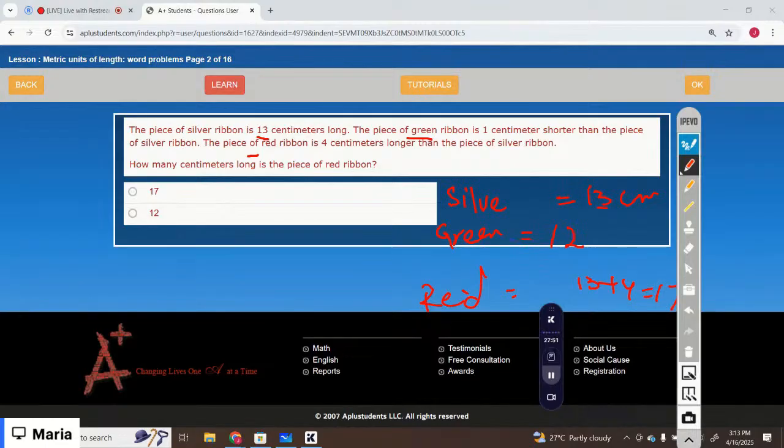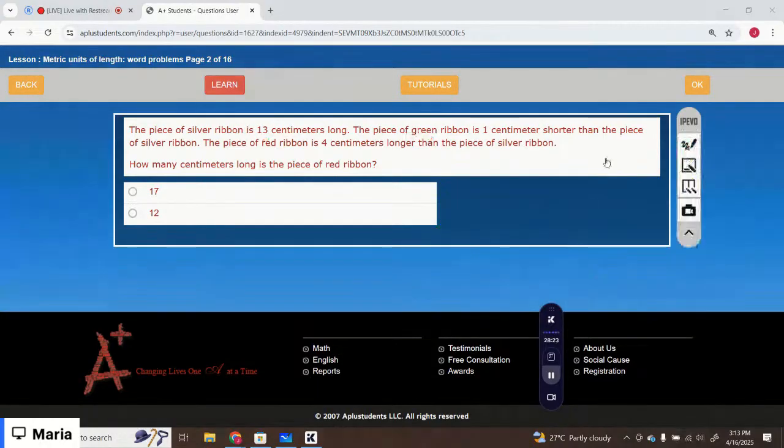So it means the length of the red ribbon is 17. The correct option is 17. Option number 1 is the correct option.